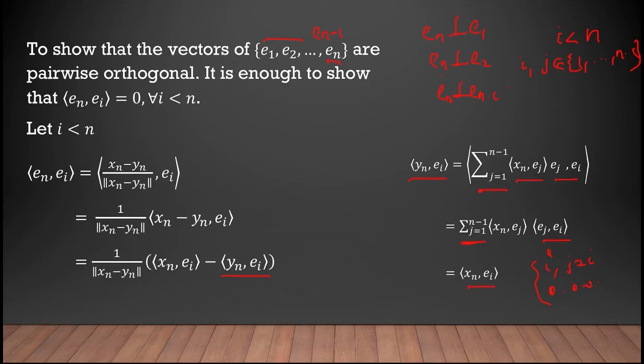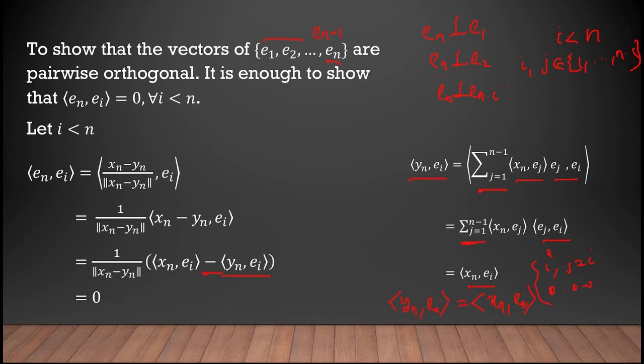So when j is equal to i, what remains is the inner product of xn, ei into the inner product of ei, ei. But the inner product of ei, ei is equal to 1. So we got that the inner product of yn, ei and the inner product of xn, ei are the same. So here we are taking their difference. This will be equal to 0. So en is orthogonal to all ei where i is less than n.